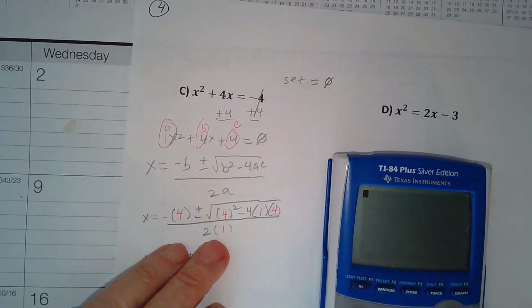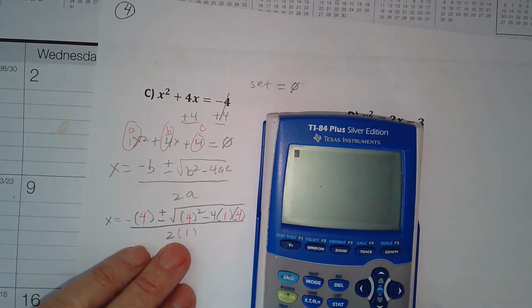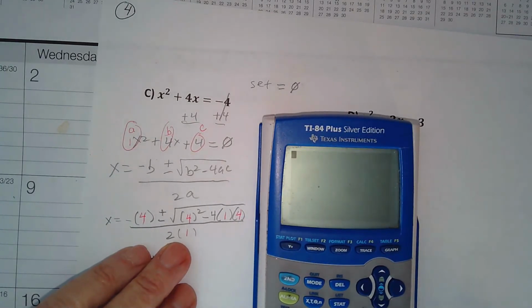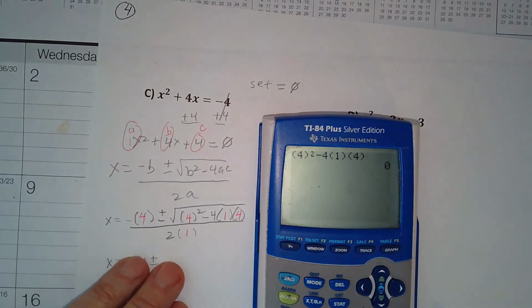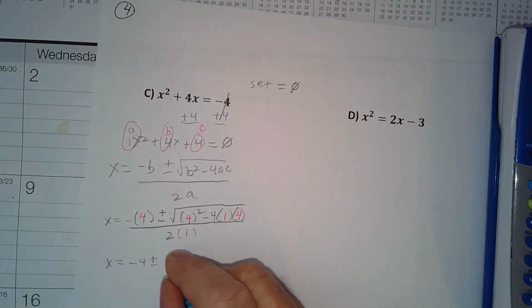So let's clear this, parentheses 4 and parentheses squared minus 4 parentheses 1 and parentheses 4 and parentheses. Hit enter. Whoa, what do we got? We got 0. So this is plus or minus 0 because the square root of 0 is 0, right?